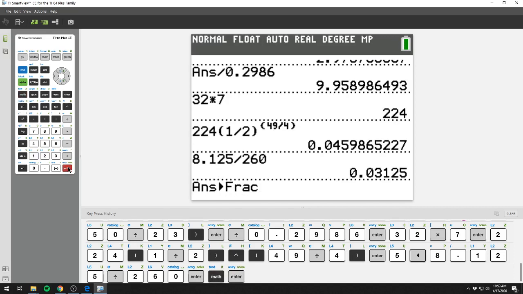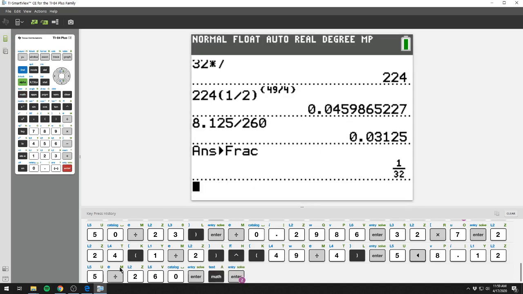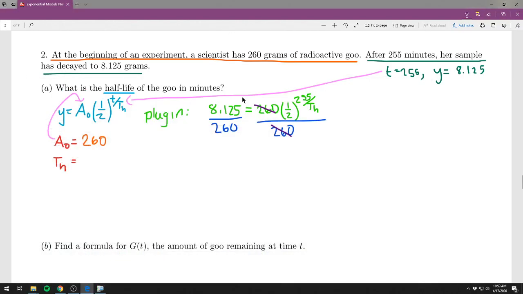If you switch it to a fraction, because it is a nice decimal, you can see that the fraction is 1 over 32. And this equals 1/2 to the 255 over the half-life power.